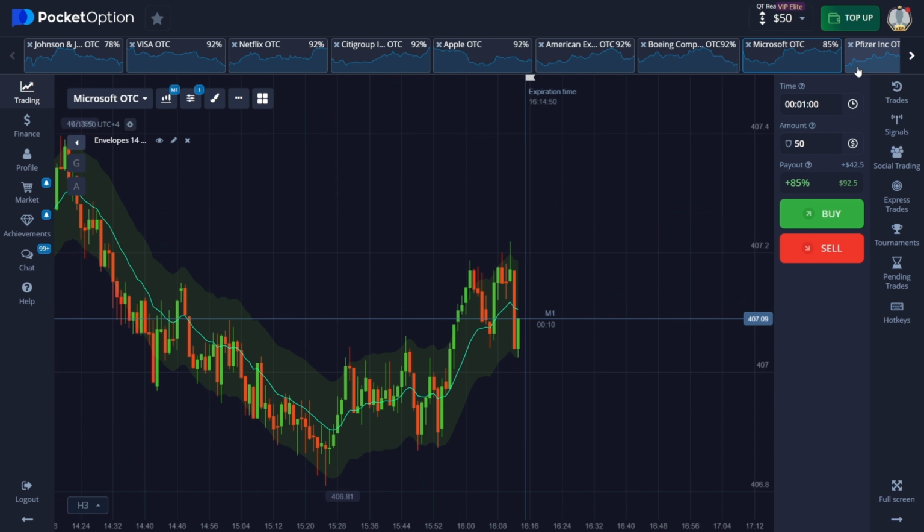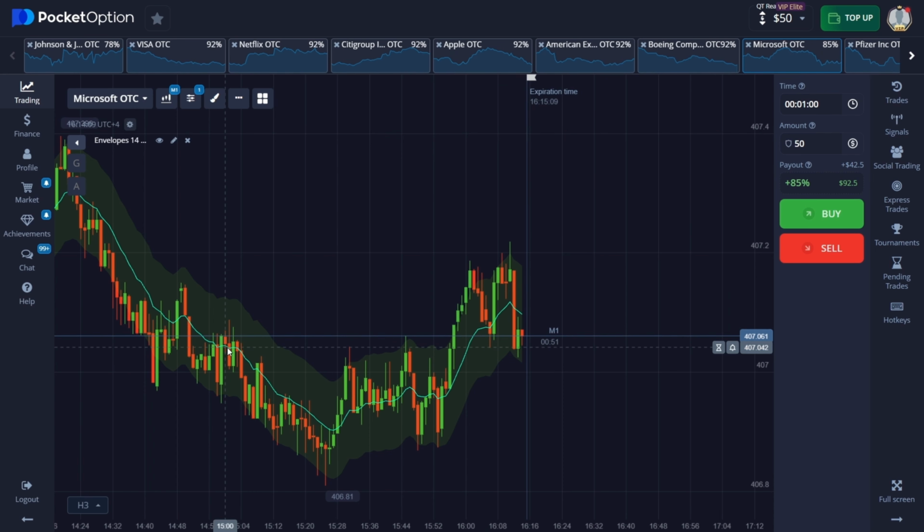Alright, we have a trade on Microsoft. If this candle gives us an entry, we can proceed. However, the candle has already gone down, so we'll avoid that.